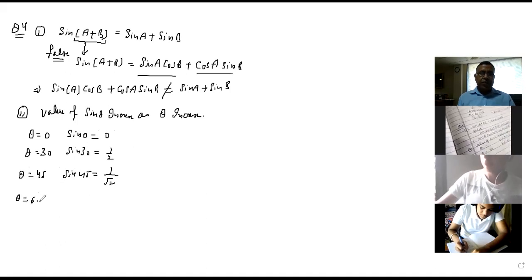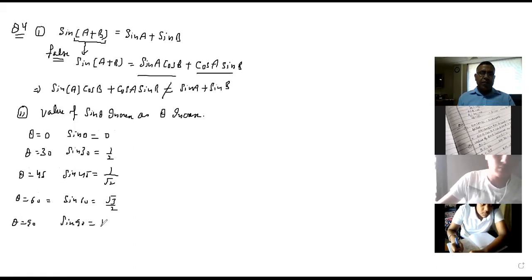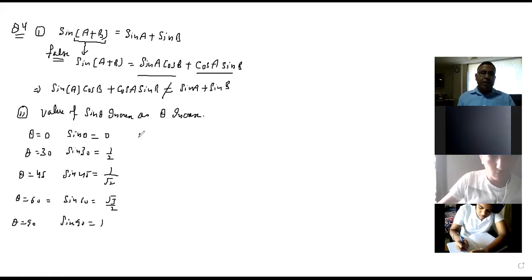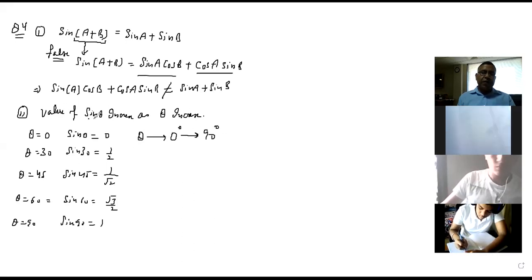When theta is 60, sine 60 is under root 3 by 2, increased a bit more. When theta is 90, sine 90 is equal to 1. So when theta goes from 0 degrees to 90 degrees, the value of sine theta increases.